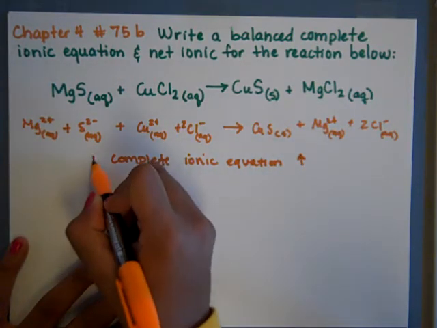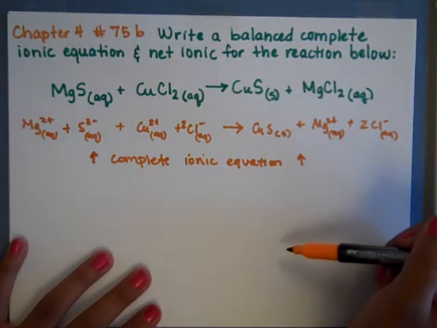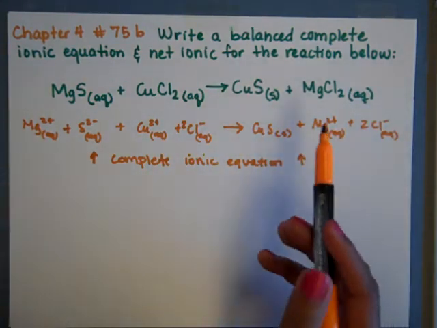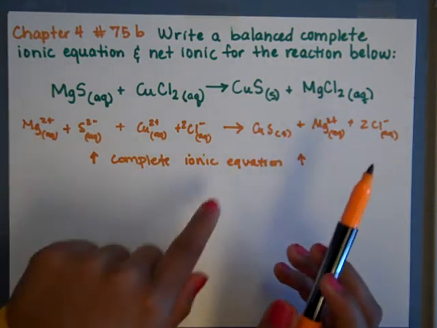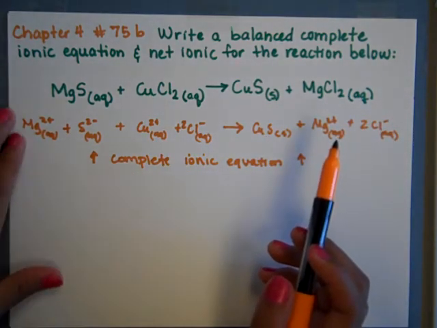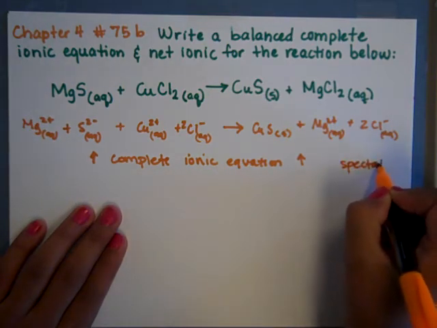So how do we go from the complete ionic to the net ionic? We analyze what we have on both sides. So we know we made this solid. So the ions that made this solid are not going to be what we call spectator ions. Let's not forget about spectator ions.